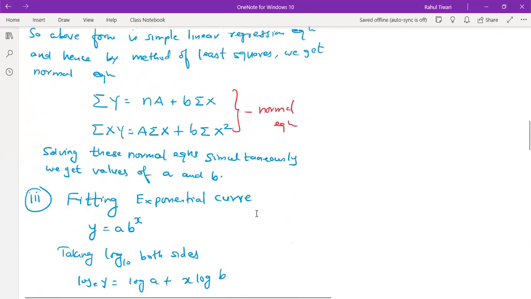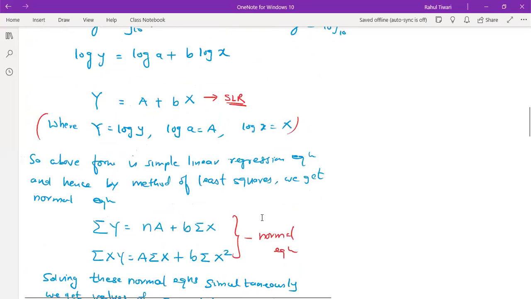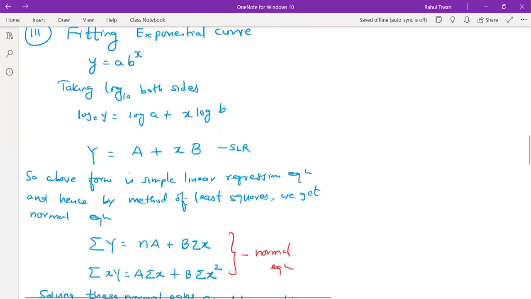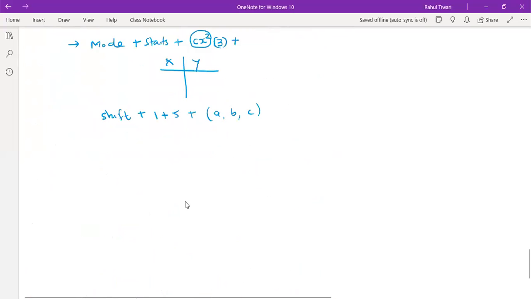The next model was, I think, quadratic. Then we have the power curve. So let's do one problem based on the power curve. These are all problems I'm solving, and they are there in your practicals. So I'm doing practical problems also.